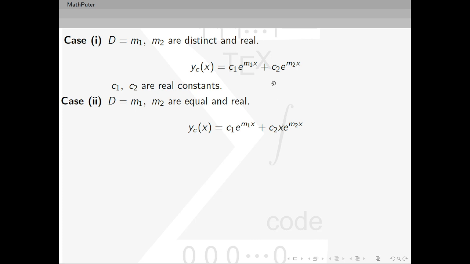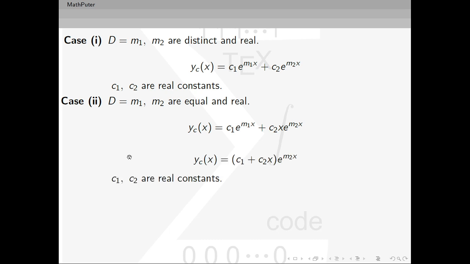If I don't write x here, then it is only a single quantity, e raised to m1x. So to make these two quantities linearly independent, I multiply by x here. The concept of linear independence we may discuss in one lecture.